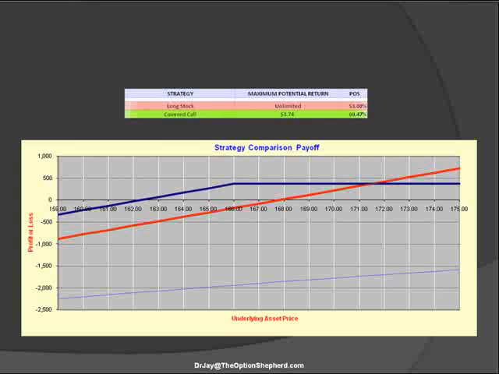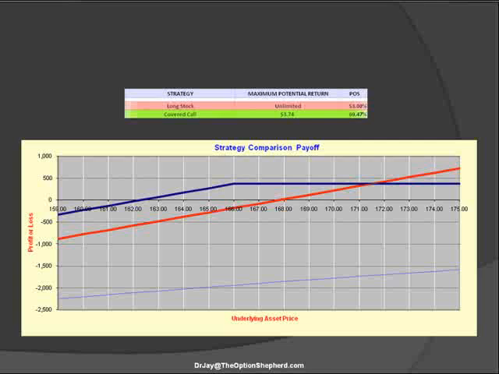The credit trade reaches its maximum potential if SPY remains above 166, while the debit trade needs SPY to reach 171.50 in order to achieve the same profit of $3.74, or $37.40.